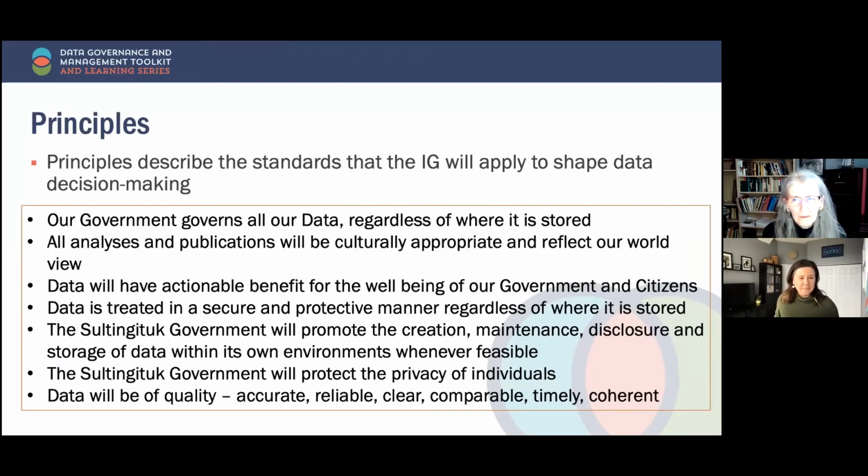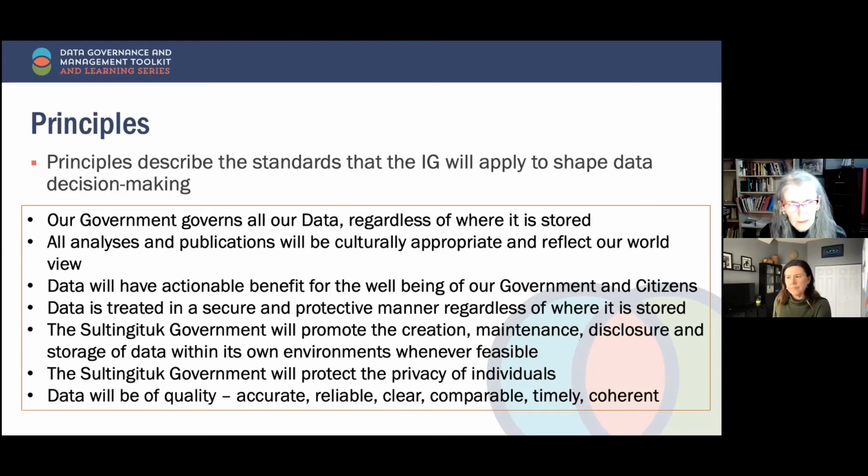Yeah, thank you. Okay, so I guess I'll preface this by saying there are all sorts of principles that you could consider to underpin and stand up your data governance protocol and process. These are some of the big picture ones. So the first principle really acknowledges that Salingatuk, or your IG, the jurisdiction applies to the data stored within it and also stored with other entities.